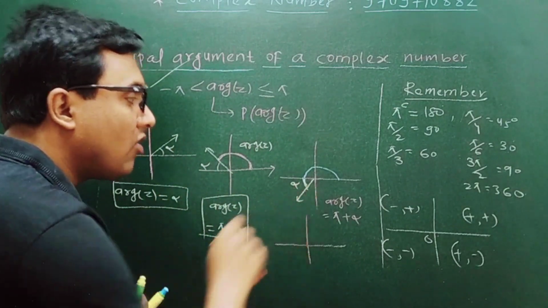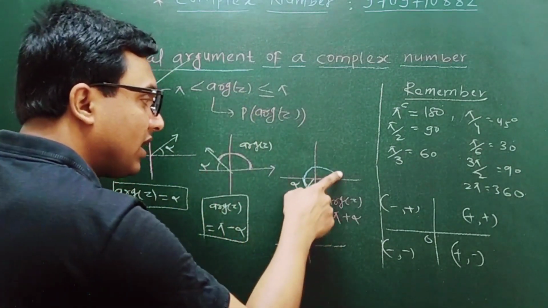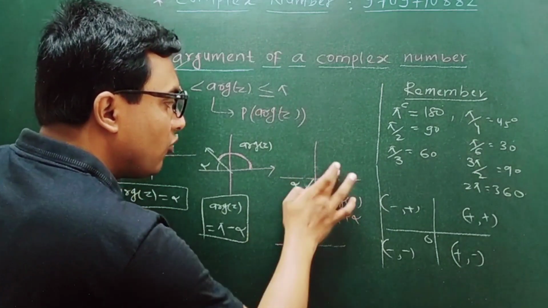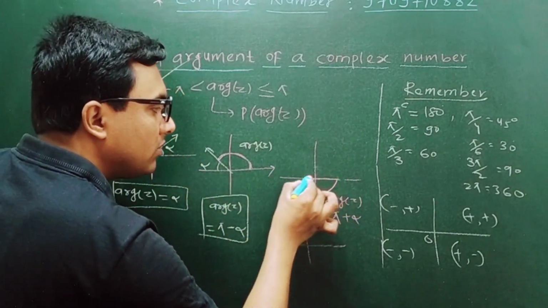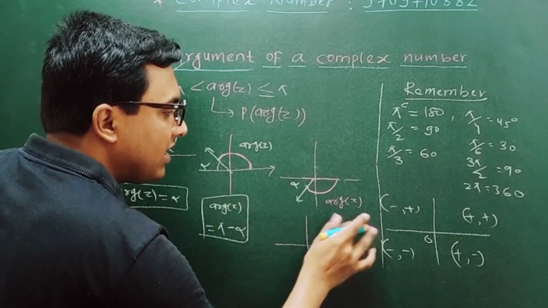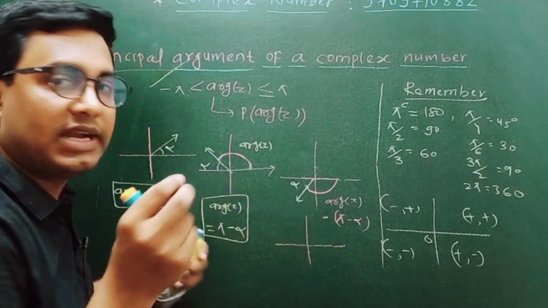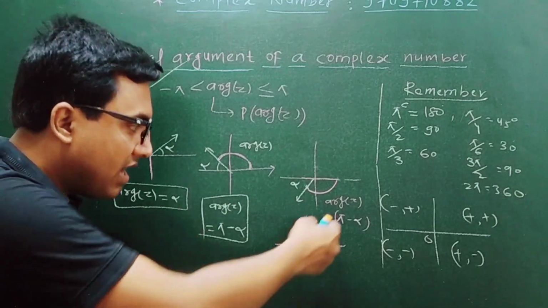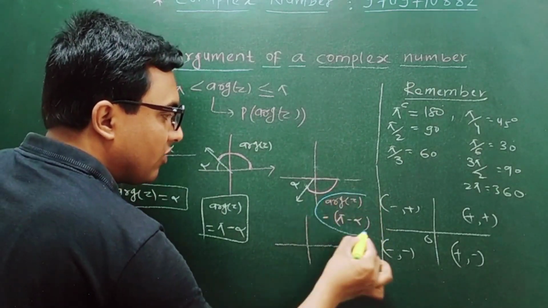So this is a wrong way to find the principal argument. In the third quadrant, we take the argument in the clockwise direction. So the argument is pi minus alpha, but with a negative sign. Why do we take the negative sign? Because we count in the clockwise direction.